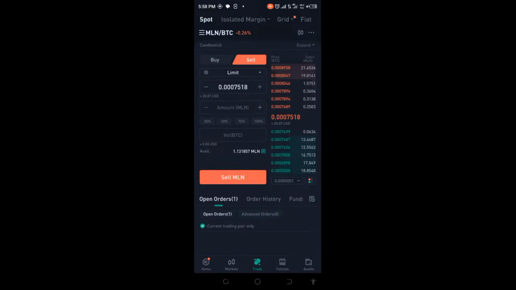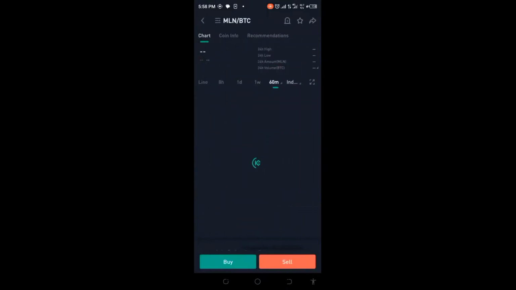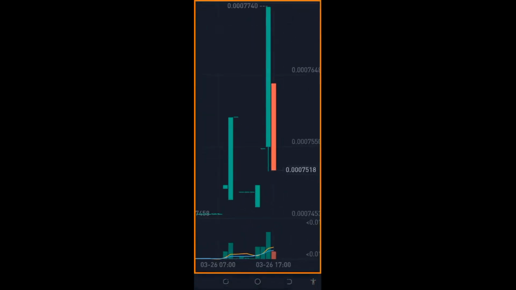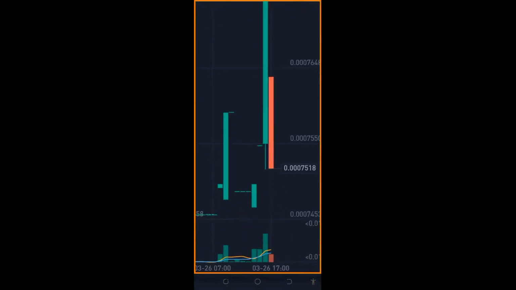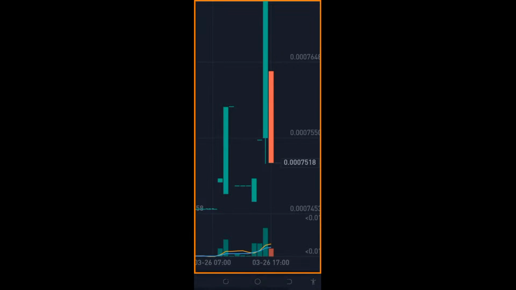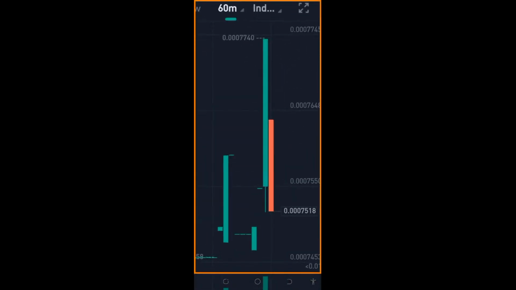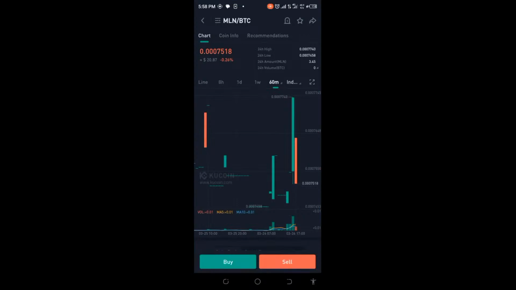Can you see that MLN BTC has gone down? It was 774. Wow. Are we going to have to do a spot trading here? Because right now it was 774. And just within how many minutes it went down?